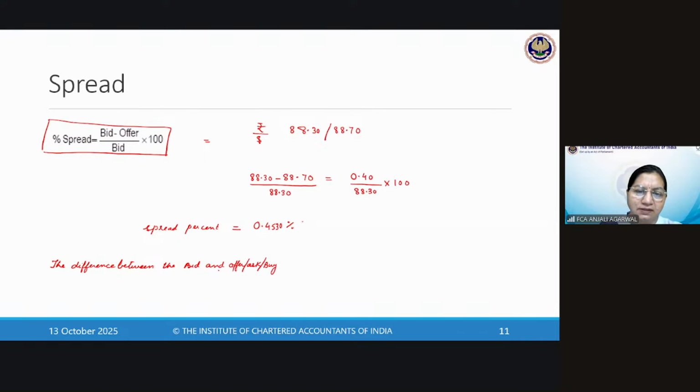Ask is buy for the merchant and this is bid or sell for the merchant. So the difference between the bid and offer, or bid and ask, is known as the spread. And you can calculate the spread percentage by subtracting bid from offer, divided by bid, into 100.